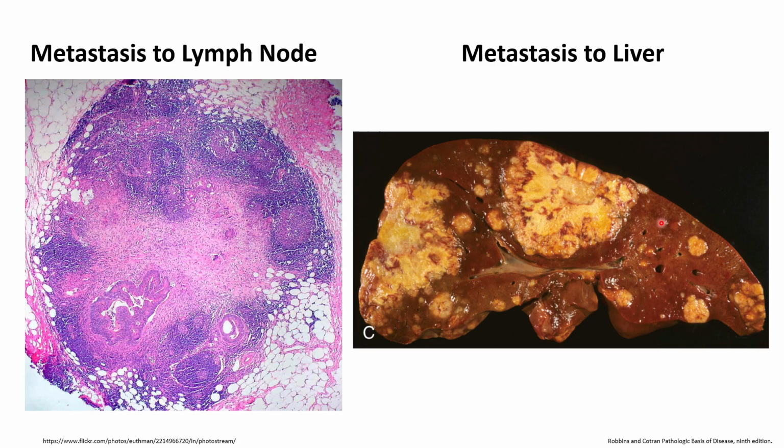So here is the normal liver consistency. We can see it's brown. And here we can see a big mass, a yellow mass, another big mass, and multiple smaller masses. So all of these masses are metastatic deposits. So colorectal adenocarcinoma has metastasized to the liver and formed multiple masses, large and small.